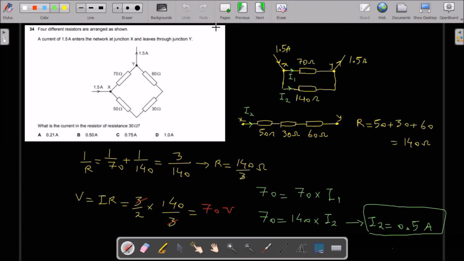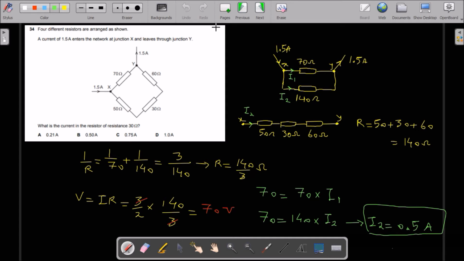Question 34. Four different resistors are arranged as shown. A current of 1.5 ampere enters a network at junction X and leaves through junction Y. What is the current in the resistor of resistance 30 ohm?